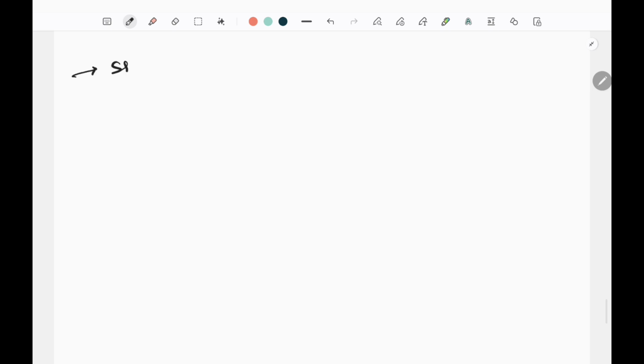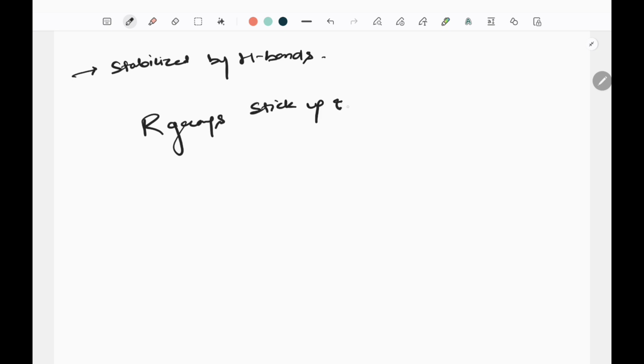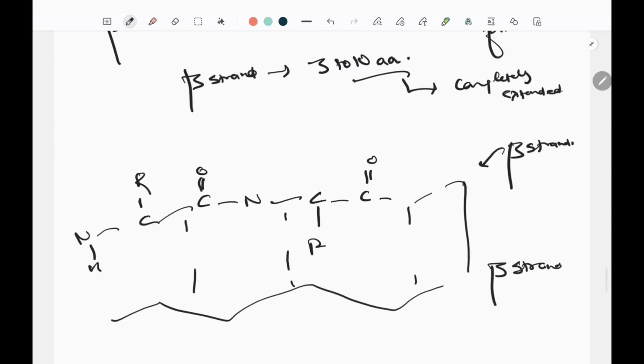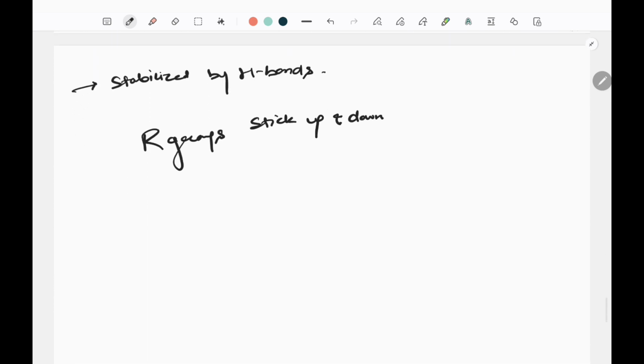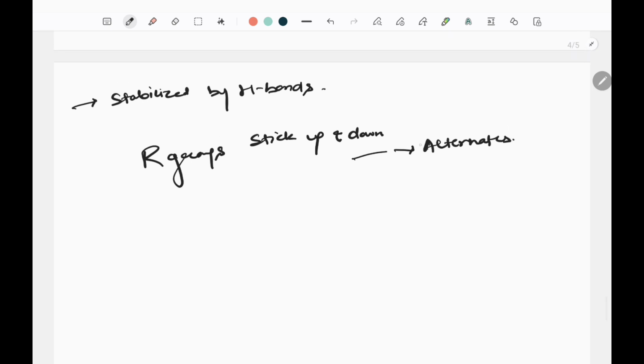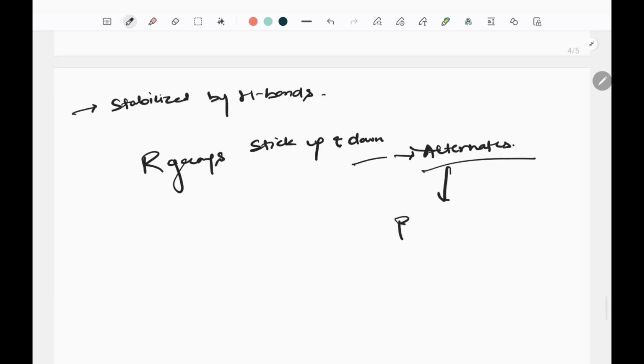So they are also stabilized by hydrogen bonds. R groups stick up and down like I have made here, right? One R group is here, one R group is here, so another R group will be up and another down. So usually it alternates, and it actually helps in better hydrogen bonding.